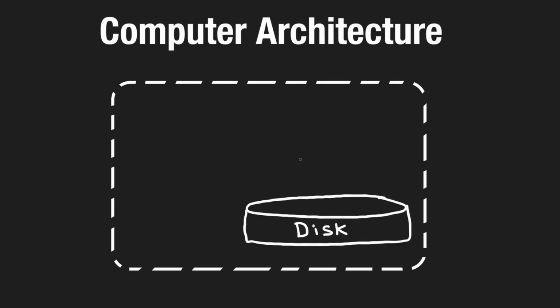Let's first start with our disk. At least that's one way to refer to it. You could also refer to it as the storage, or maybe the hard drive, or HDD, which stands for hard disk drive. Nowadays, it's more common that you would be using an SSD rather than an HDD just because they're generally faster. But the idea behind this component is that this is going to store all of our data and it's going to do so persistently.